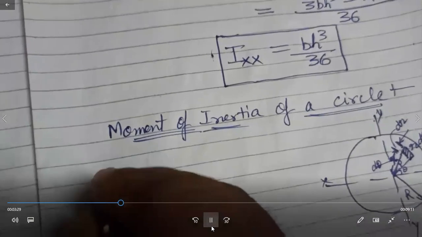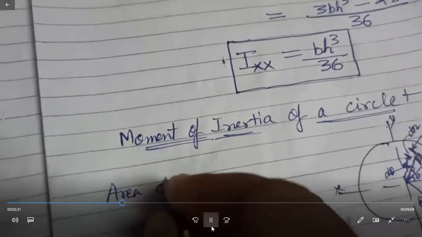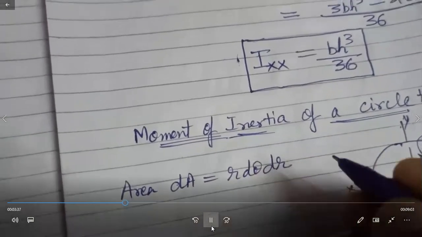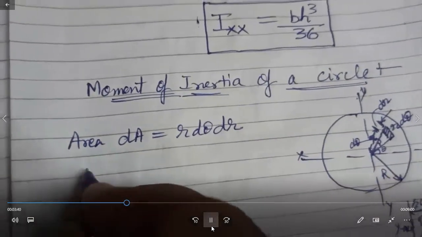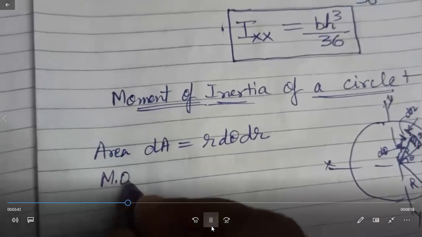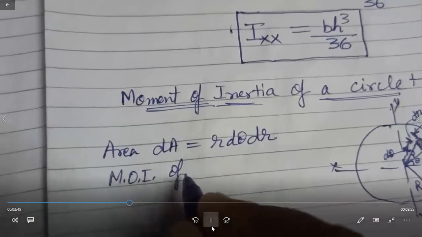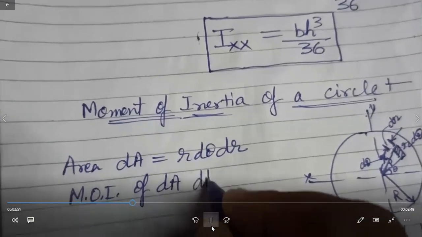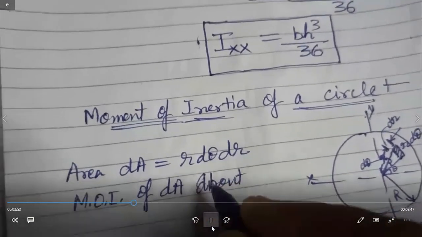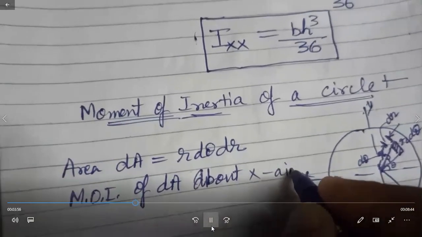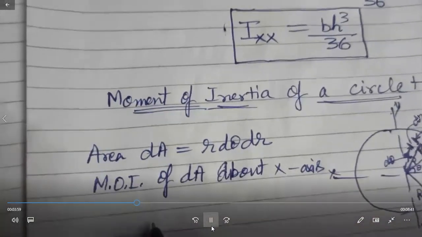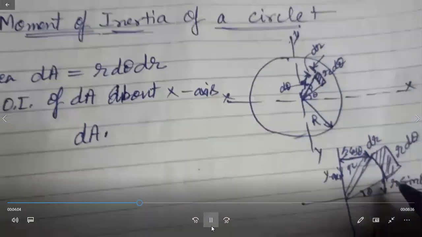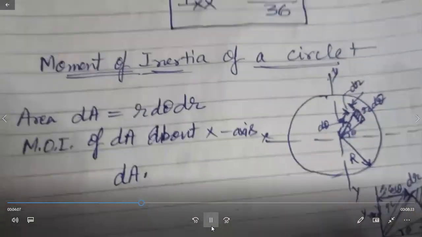So now area dA is equal to r d theta into dr, and the moment of inertia of dA about the x-axis is dA into the square of this distance, r sine theta.